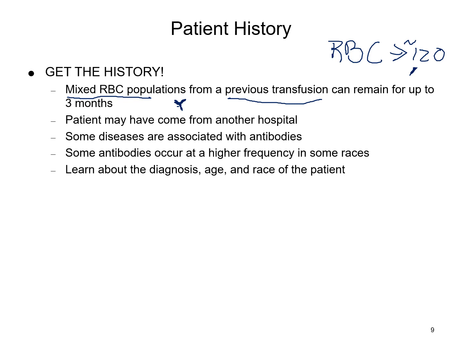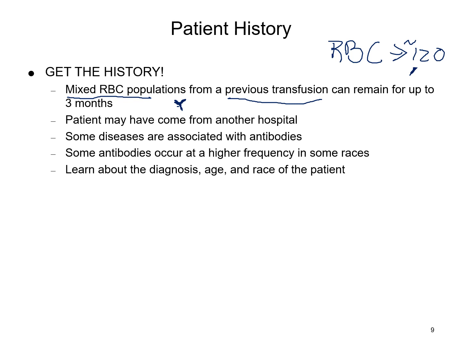So we also need to get the history, because patients could come from another hospital. So if you're working up a patient and you're getting some weird reactions and you're trying to investigate it, if you don't have any history on file at your facility, sometimes you might have to query the nurse to ask the patient if possibly the patient has had transfusions at another facility that could potentially have caused that patient to have some discrepant results.